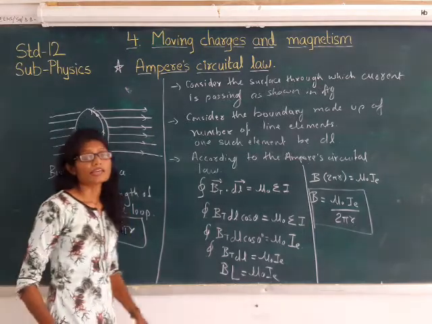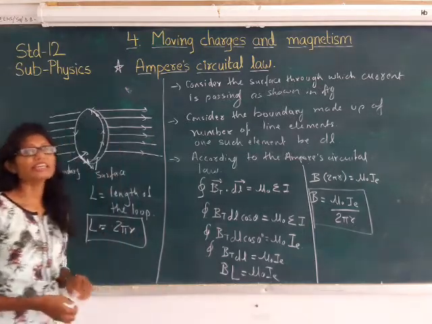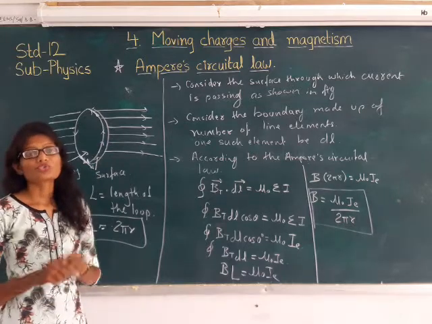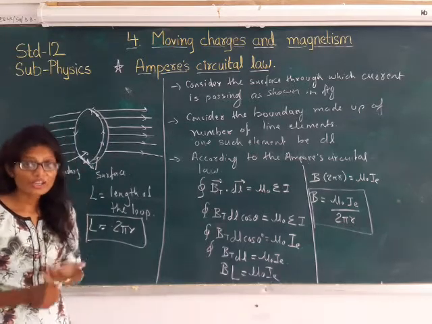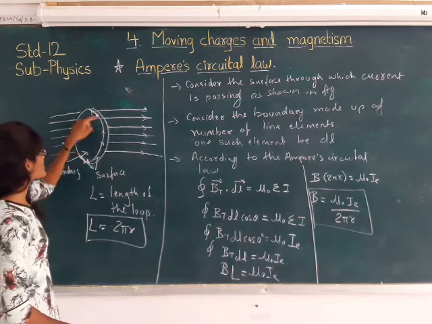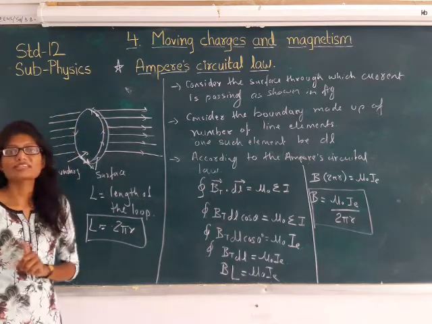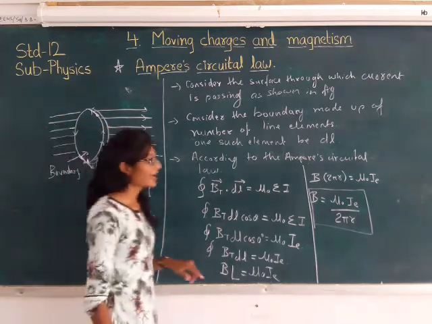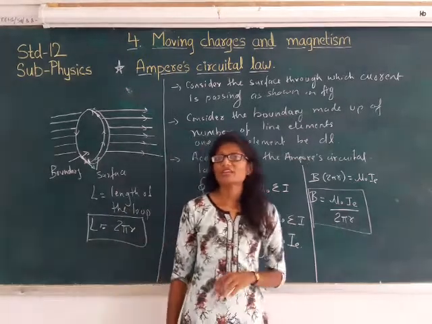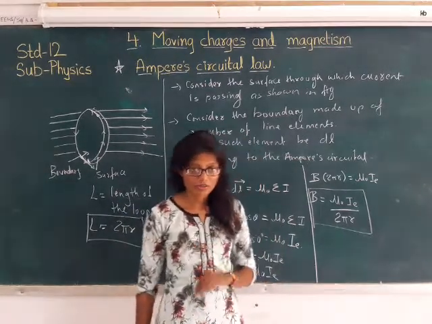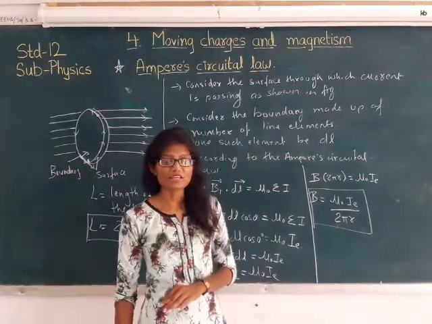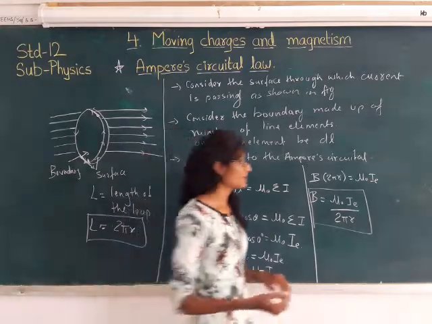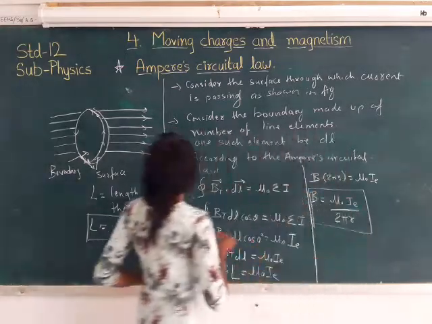Another thing, if we consider the infinite wire through which the current is passing, then also the magnetic field over here remains constant, and the value of the magnetic field will have some finite value. The value will not be infinite. Why? Let us see over here.